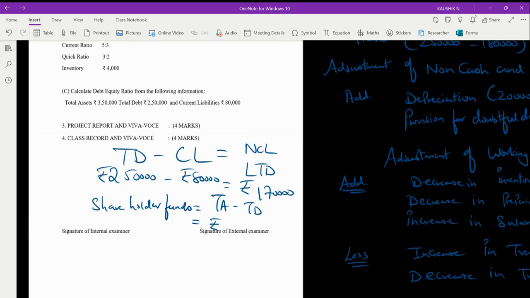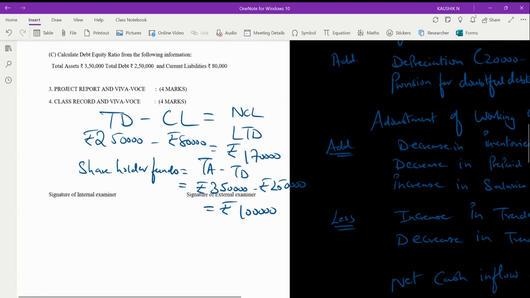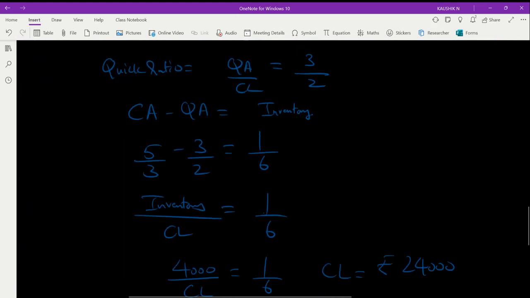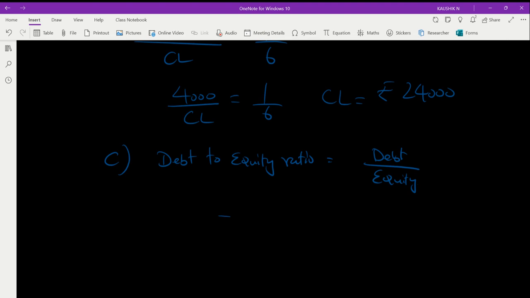So from the value of rupees 3 lakh 50,000, if I am going to subtract the value of rupees 2 lakh 50,000, this will give me the value of rupees 1 lakh. So now the debt value is 1 lakh 70,000 and equity value is rupees 1 lakh. So this will give me the required value.